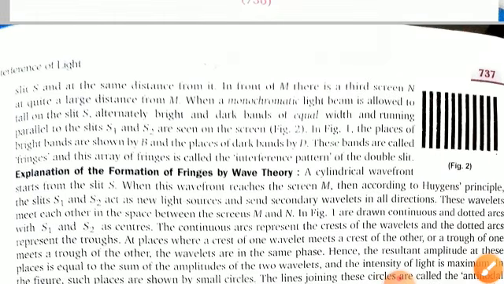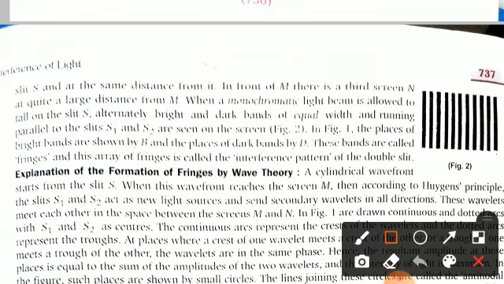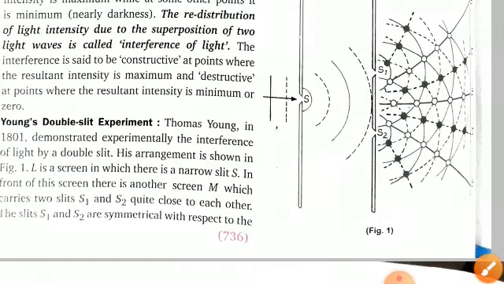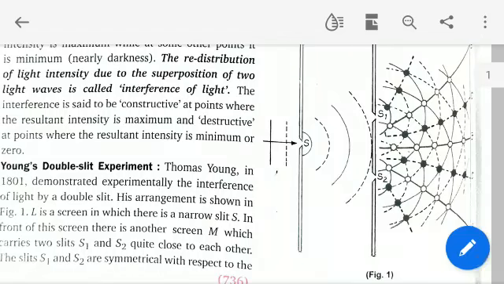You can see here, this is figure number 2, which shows the fringes formed due to the interference pattern over the screen N. So in figure 1, the places of bright bands are shown by B, and the places of dark bands by D. Clear? It is shown here.